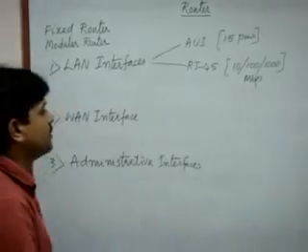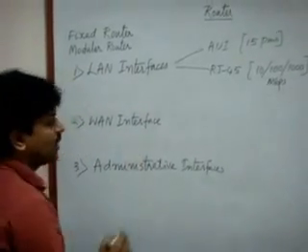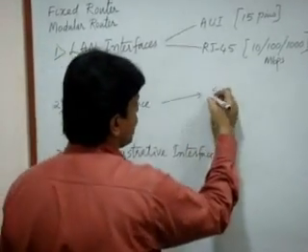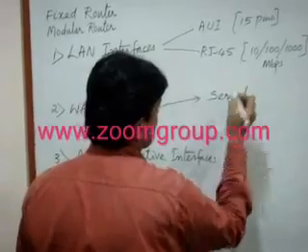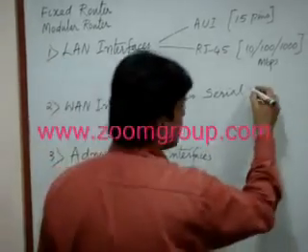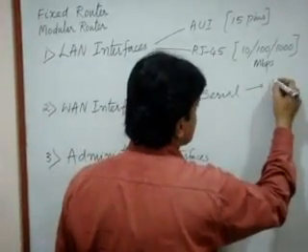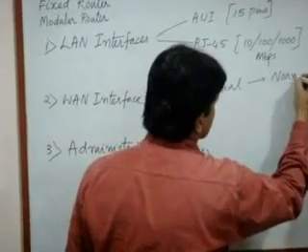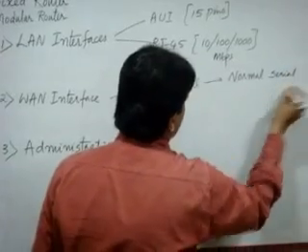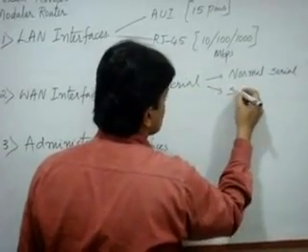Next we have WAN interfaces. What are the interfaces? First, we have serial. The serial interface is for WAN connectivity. In serial, again there are two types: the normal serial and the smart serial.